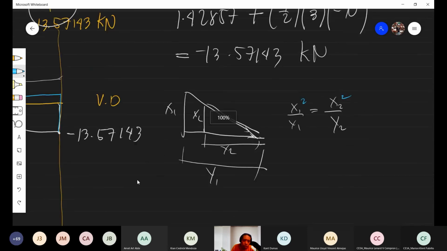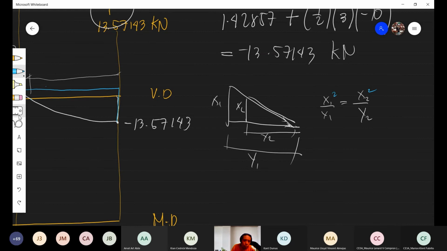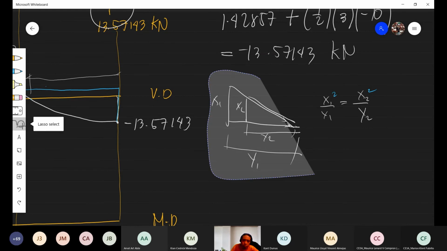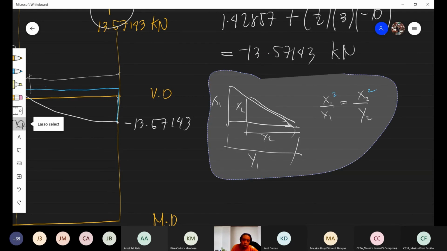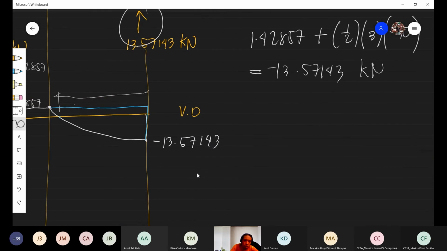So using the squared property of parabola, let me erase this one. Supposedly it is because it is a parabola. So the value of x is squared. X sub 1 squared over y sub 1 is equal to x sub 2 squared over y sub 2.